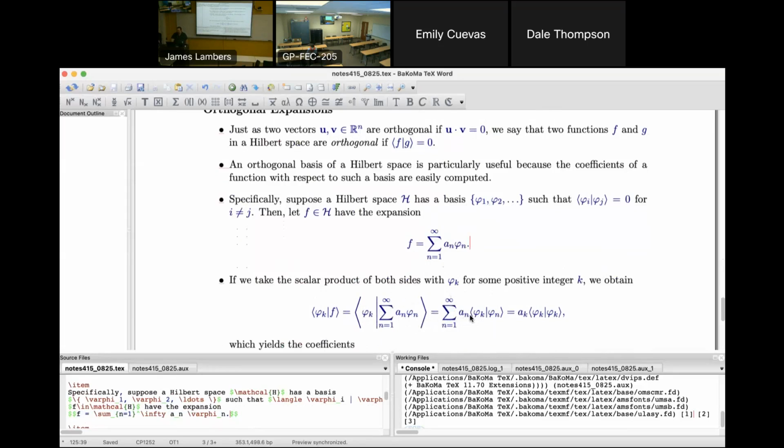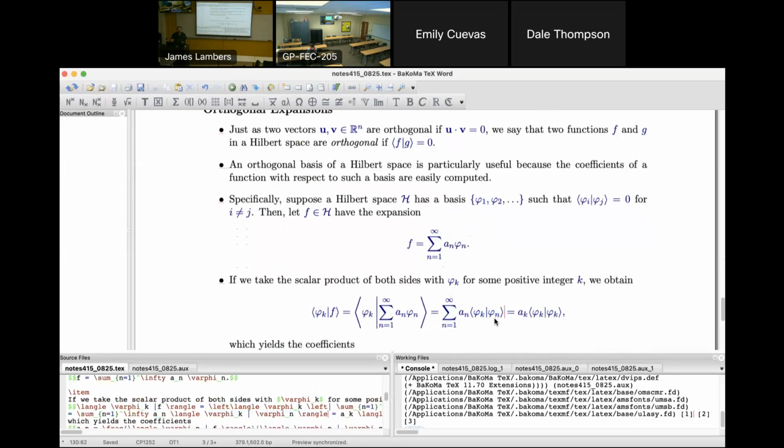So now what I have is this sum of coefficients times scalar products of functions that are orthogonal to one another. All of these are 0, except for when n is equal to k. So all of these terms vanish except for the kth term. So this infinite sum reduces to this. So now I have this equal to this.